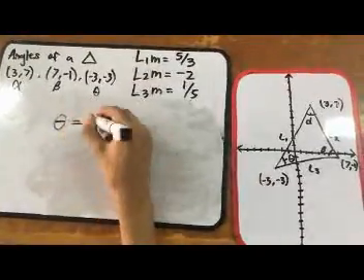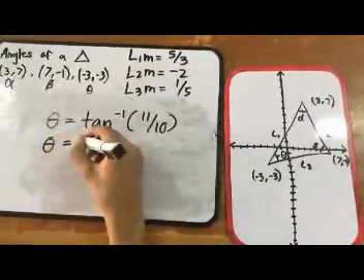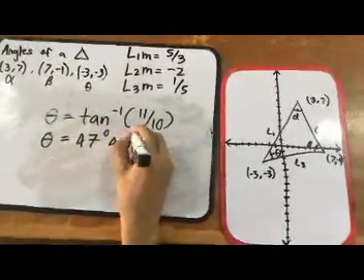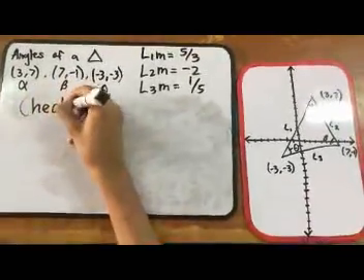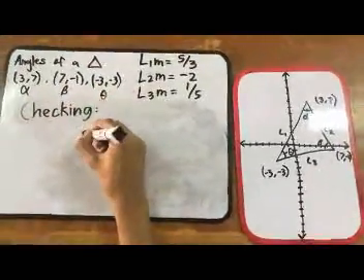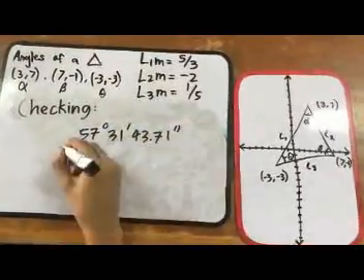We got 11 over 10, so use the arctangent to get the degrees. To check if we got it right, we need to add all of the degrees of the angles, and we should be able to get 180.